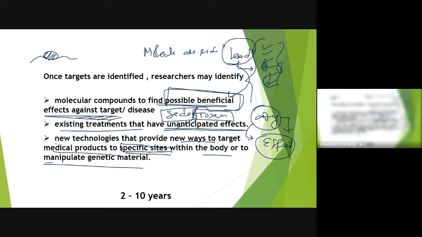So these things are not widely used. Genetic manipulation of the material is not widely used, particularly for chemical formulations. Some bioformulations may be there. So in some cases, they are going to have vector-based replacement of the genes for a particular organ. So these engineering aspects are always there, but we are mostly talking about pharmaceutics.